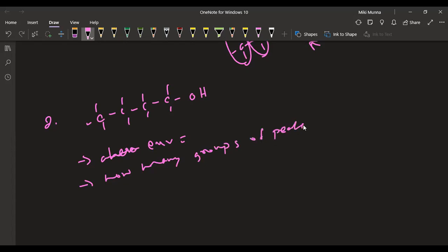Then we have to define what you will observe in the graph.